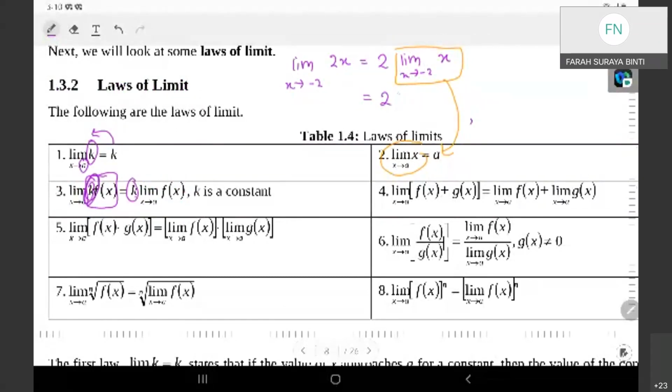It will be equal to negative 2. Okay, sebab dia kata limit dia mesti jawapan dia sama dengan yang ni. Okay, so nanti kita akan dapat negative 4 lah jawapan dia. Ini kalau kita apply law of limit number 3 and number 2 as well.